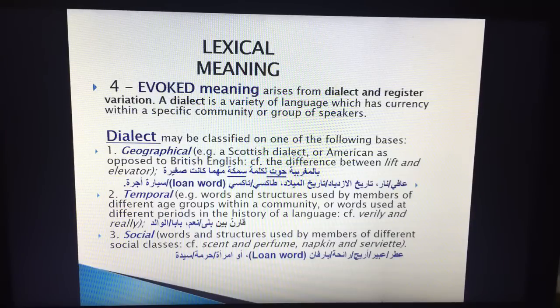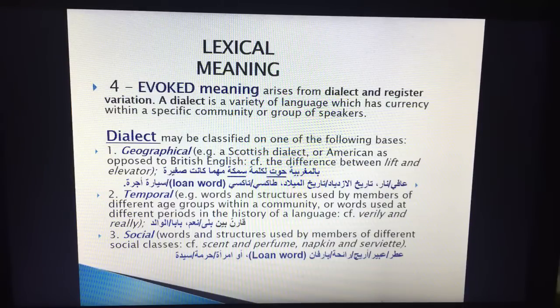For example, the word نعم and بلى in Arabic, and in English you say verily, or you can say in fact, or indeed, or that's true, or actually. You don't say verily. So that is a different age or period when the word verily was used, but not the word actually or really. So you need to choose according to the temporal.